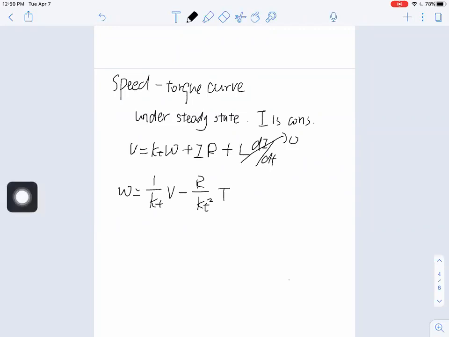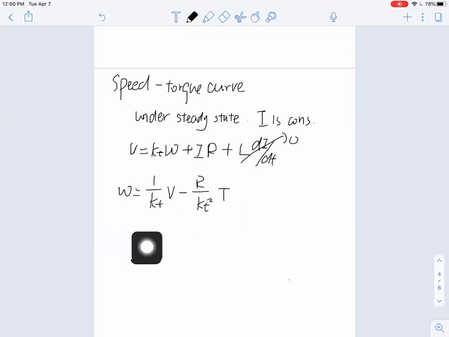Okay, so that simply puts omega on one side of the equation and throws everything else to the other side. Using the torque constant to convert one of the terms to have a torque inside the equation would be handy.